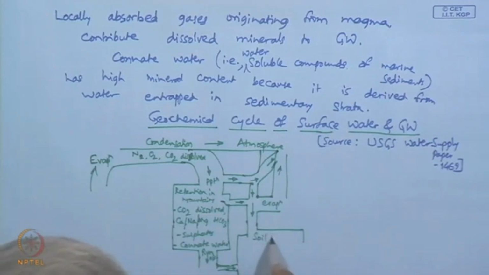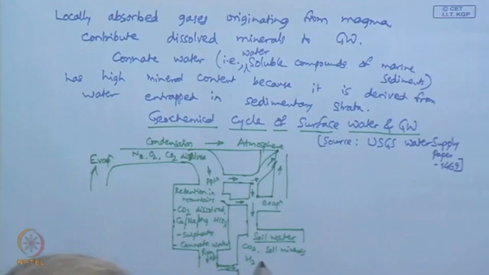In this soil water, CO2 will get added, then soil minerals, then carbonic acid, that is H2CO3, then colloidal Fe, Al, silica, SiO2, etc.